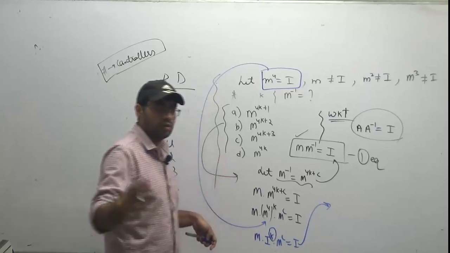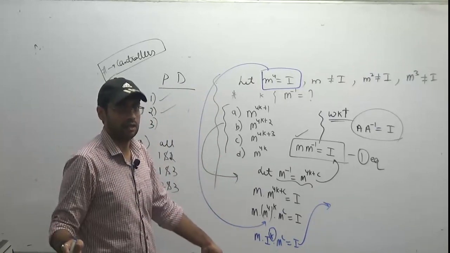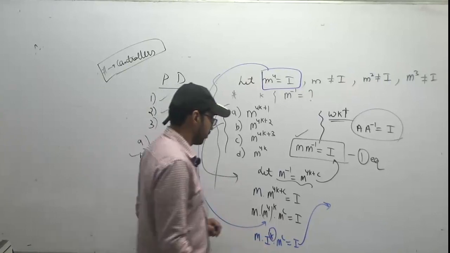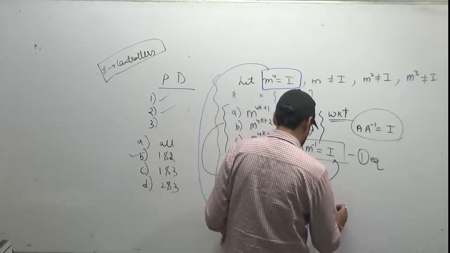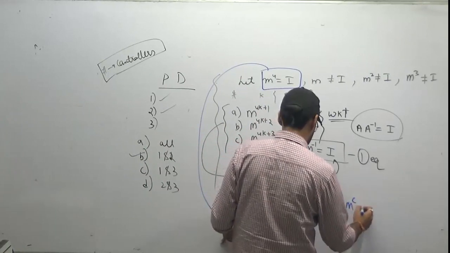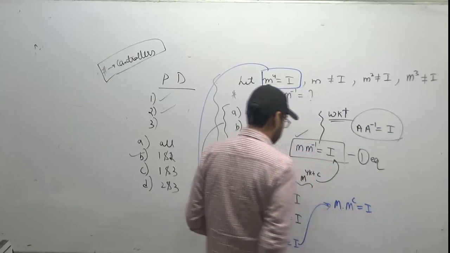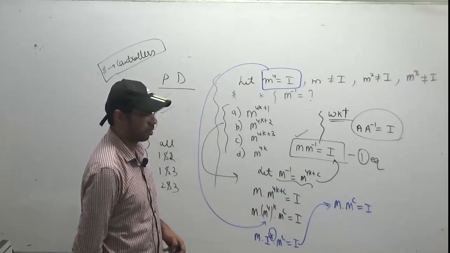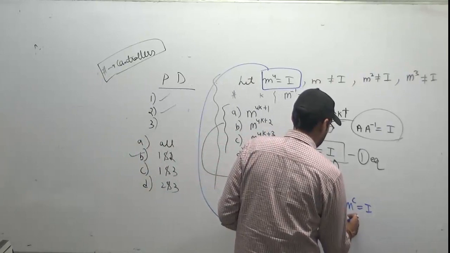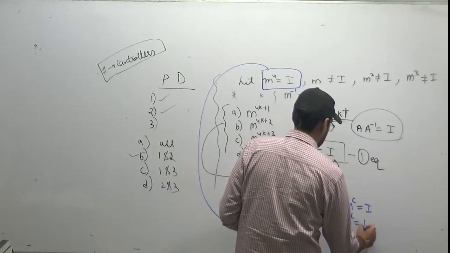Either 0, 1, 2, 3, 4, 5, I will get I. So I can say from here that M into M power C is equal to I. Yes or no? Or I can say M power 1 plus C is equal to I.